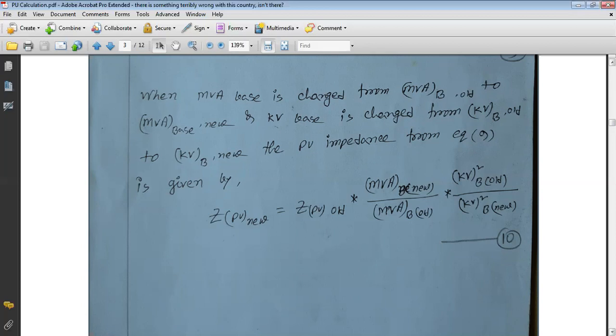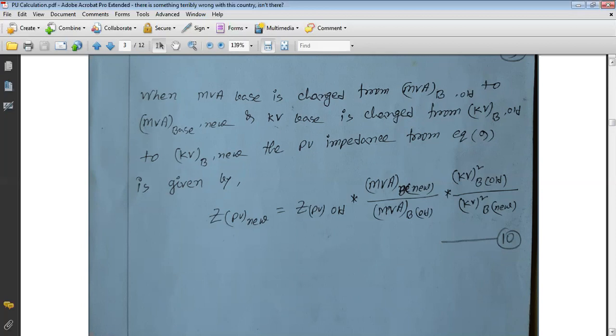So we have a per unit reactance or impedance of a transformer that is 10%, or 0.1 per unit, with the base or reference of 50 MVA power rating and 20 kilovolt voltage rating.